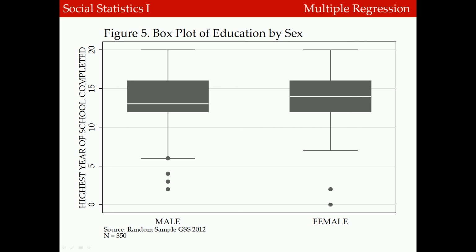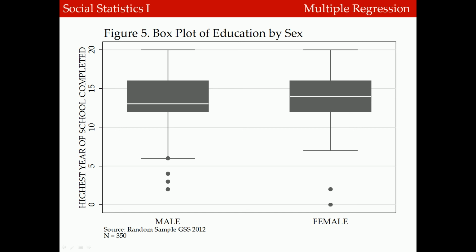Before we add that to a regression model, let's take a look at the descriptive statistics on that variable. And let's look at the different distribution of education for men and women. The following figure shows a box plot of education separately for men and women. Notice that the distributions are largely the same. There's some slight differences here. We can see, for example, that the median for men is a little bit lower than that for women.